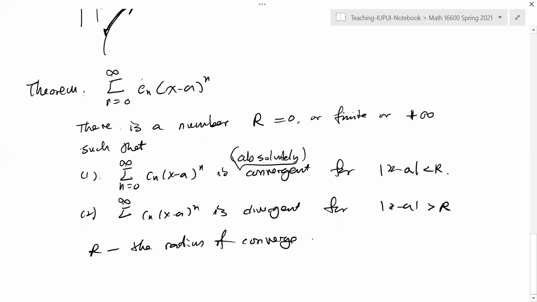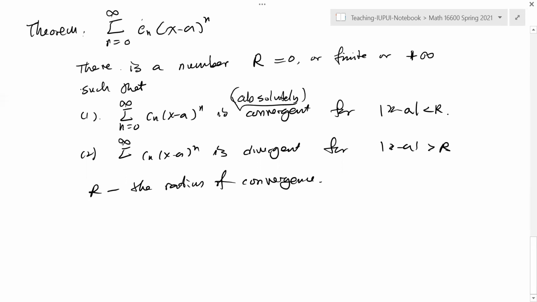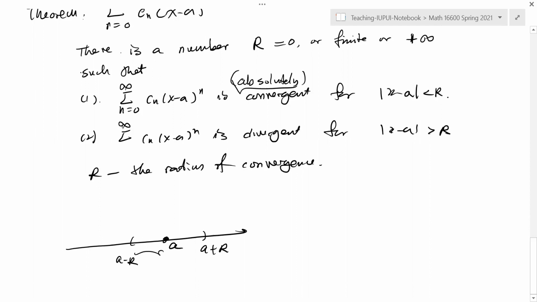Now, what that tells you, this is a, right? You're looking for x for which the series is convergent. And then the set of such x that make the series convergent must be an interval around the point a. So this is R, a minus R, a plus R. It must be in that form.